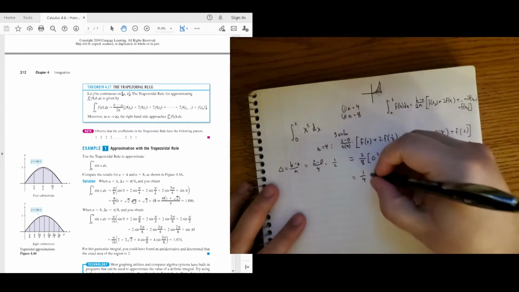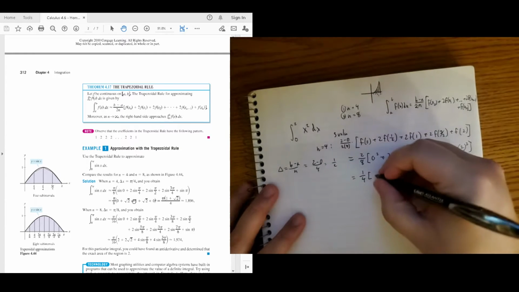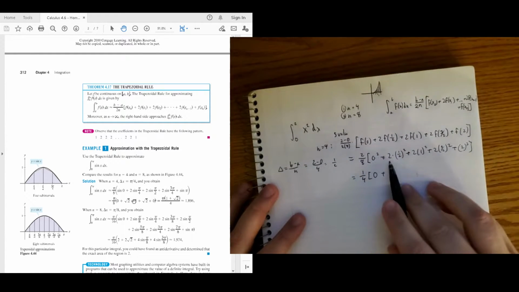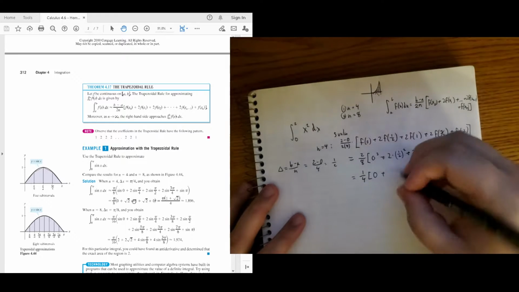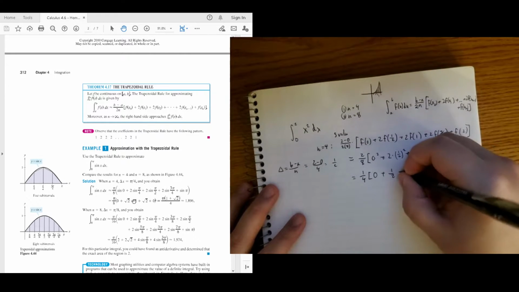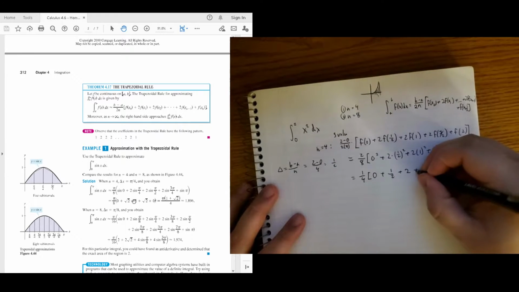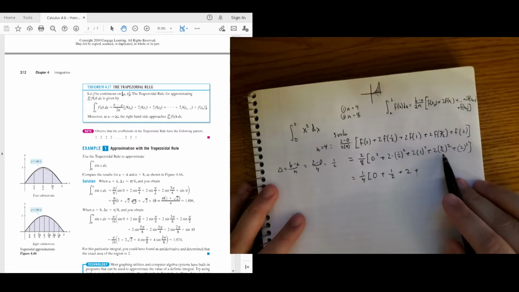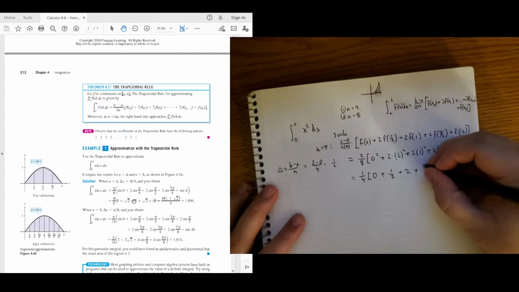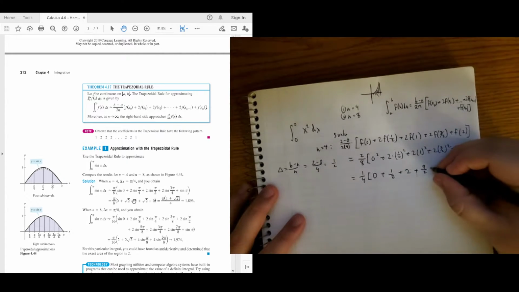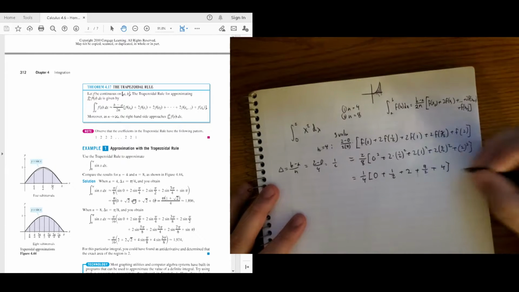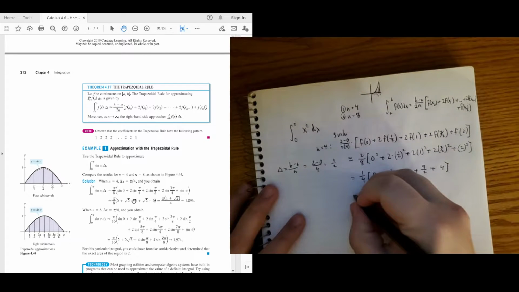And so now we do 1/4 times, okay, 0 squared is 0. 1/2 squared is 1/4 times 2 is 1/2. 1 squared is 1 times 2 is 2. 3/2 squared is 9/4 times 2 is 9/2. Plus 2 squared is 4. And then we add all these pieces together and times it by 1/4.